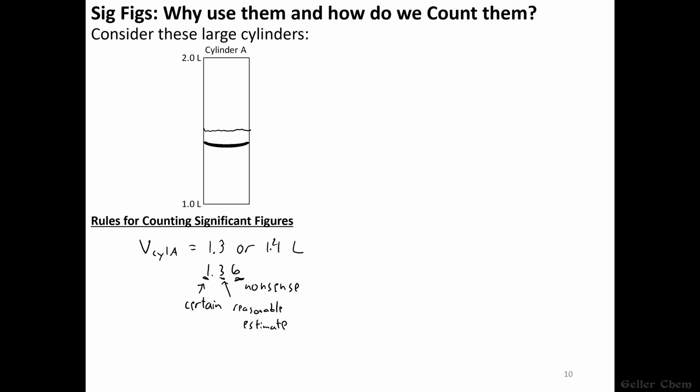And so if I were to label each of these, I'd say the certain number is significant. The reasonable estimate is also significant. But this nonsense number, that's insignificant. And so ultimately, based on this cylinder as presented, we can only estimate to 2 sig figs.